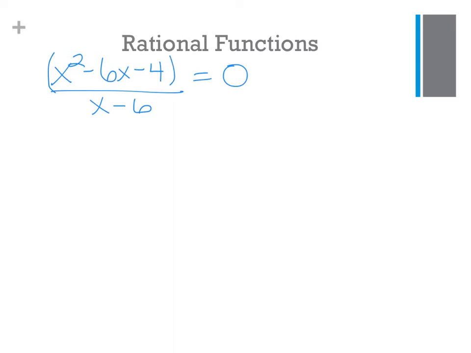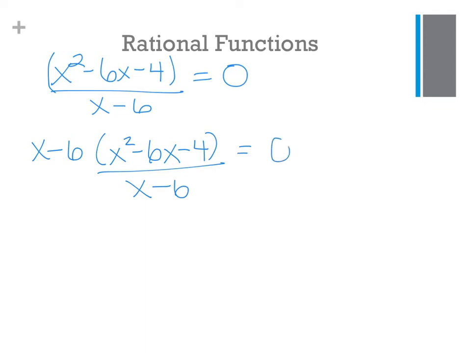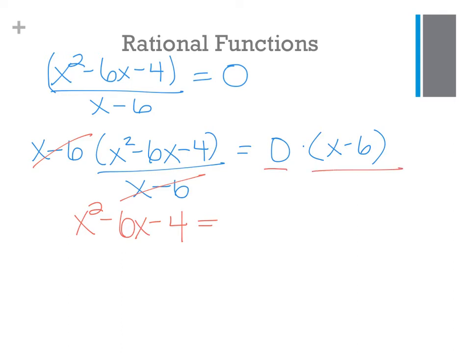So if I multiply by x minus 6 on both sides, I get 0 times x minus 6. The x minus 6's on the left side cancel out, and we are left with x squared minus 6x minus 4 equals 0 times x minus 6, which is just going to give me a big fat 0. So I want to know where x squared minus 6x minus 4 is equal to 0.